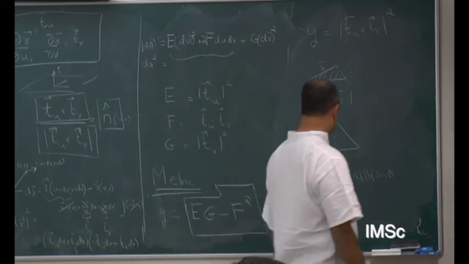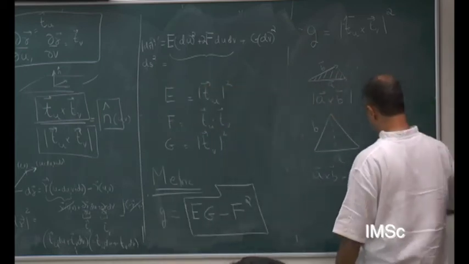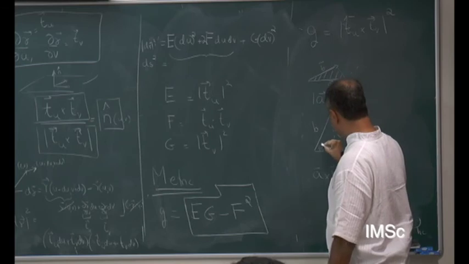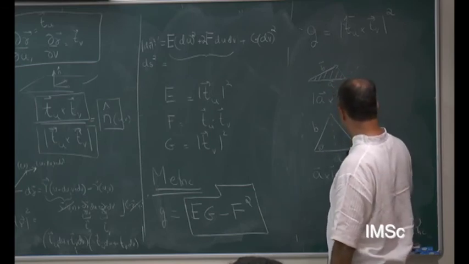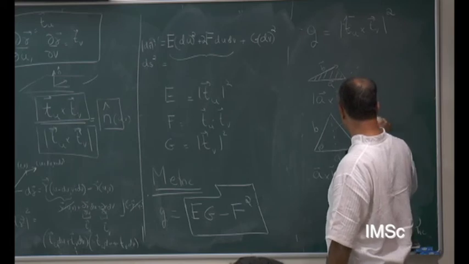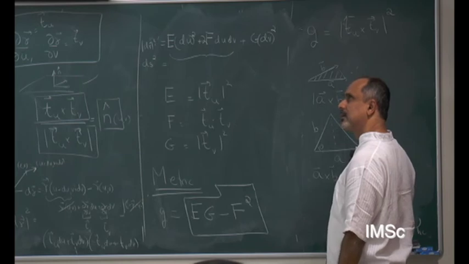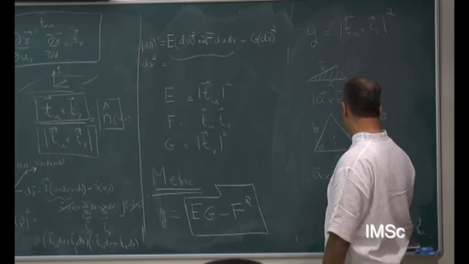Now suppose the angle here is theta, then this point here must be something like B sine theta, correct? All right.